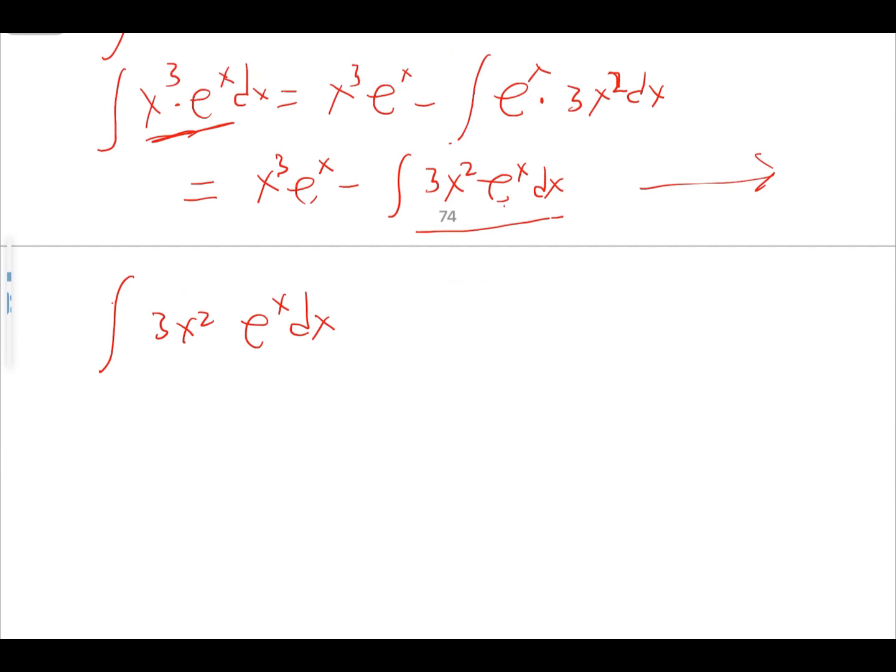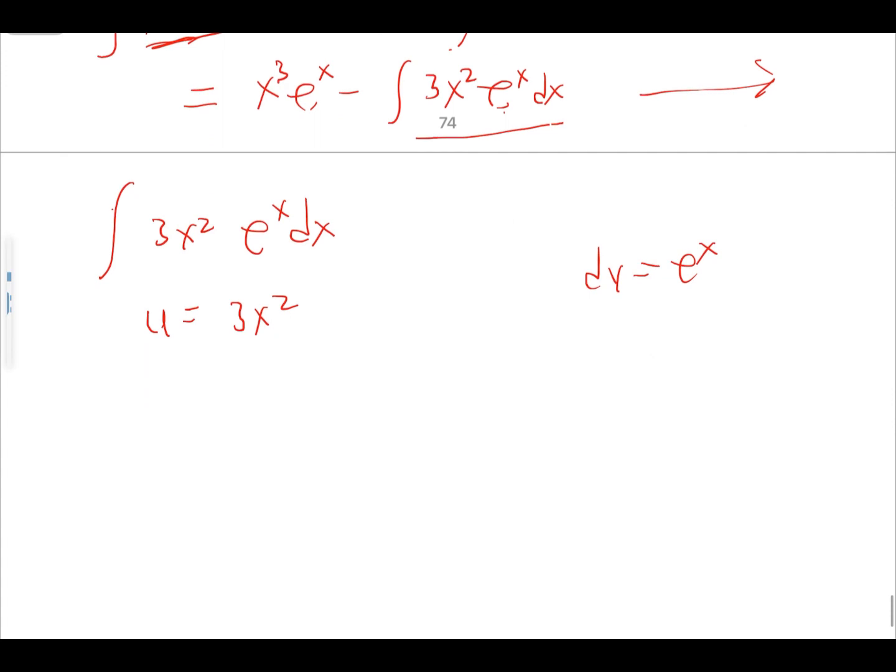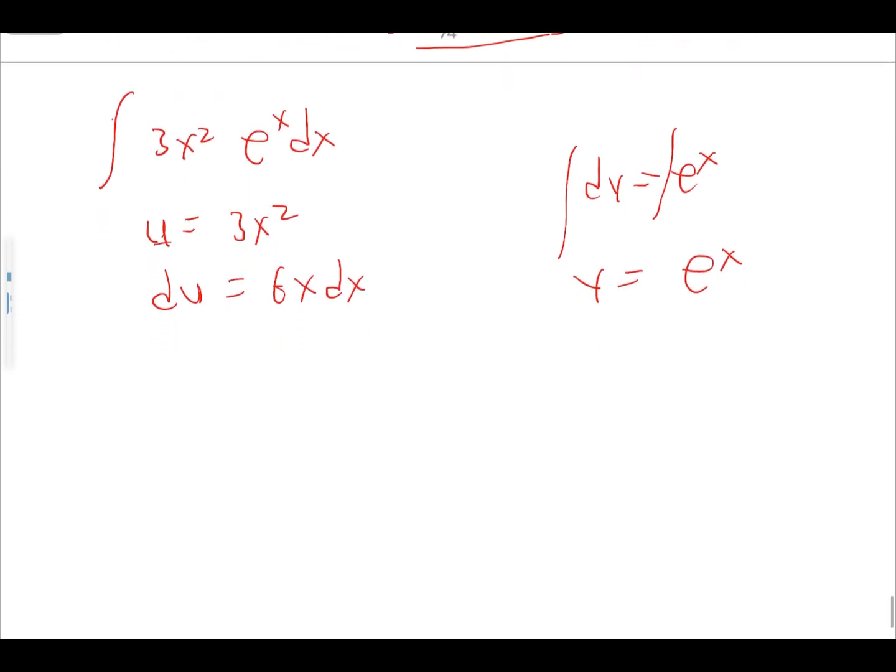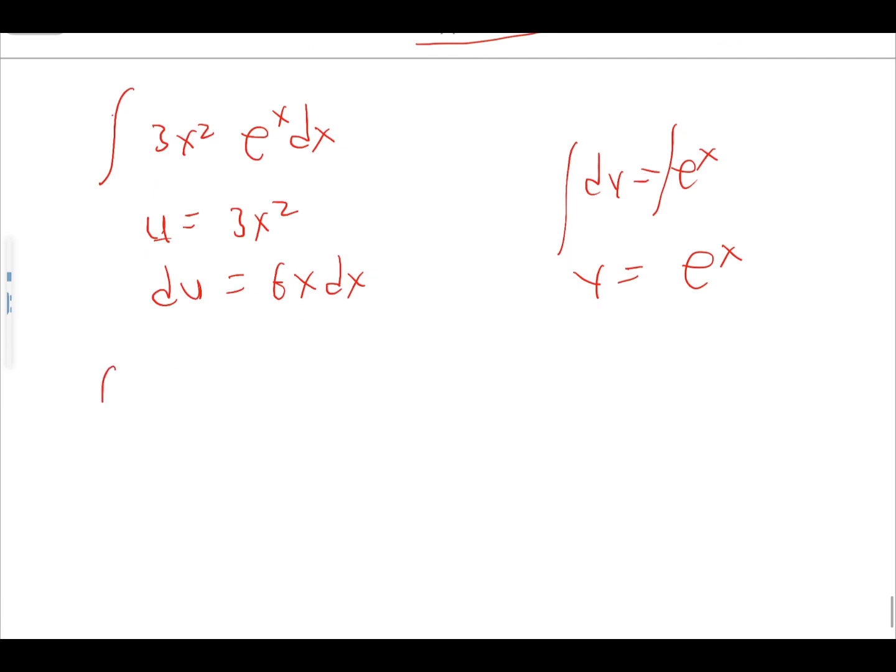Doing that again, we can assign our values. Let our u equal 3x squared again and our dv equal exponent x again. Therefore, our du is going to be 6x dx, and our v, which is the integral of both sides, is going to be exponent x.